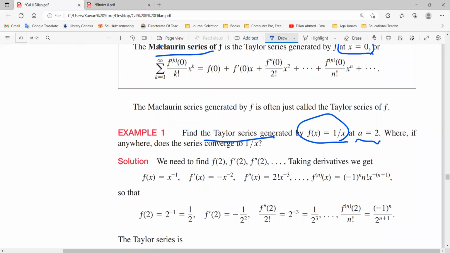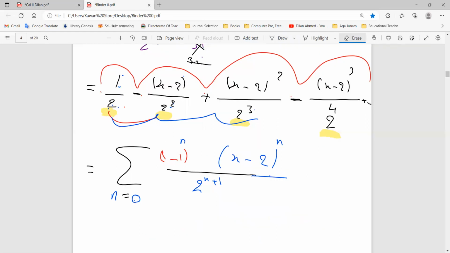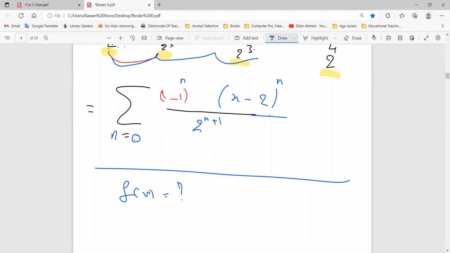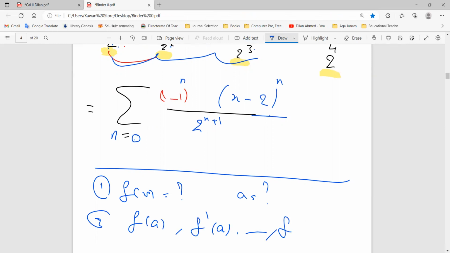So here's the first example. I'm going to briefly review it for you. First thing, you need to select f of x equal to what and a equal to what. The second, find f of a, f prime of a, f double prime, 3, 4, up to you.